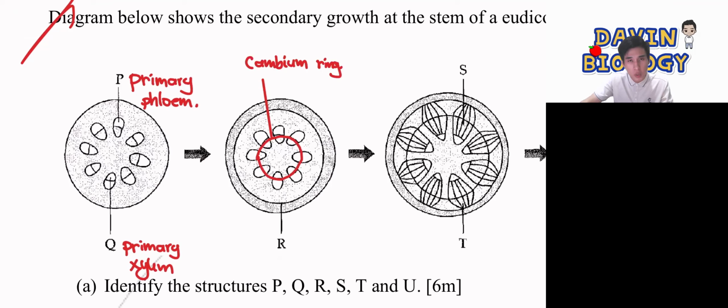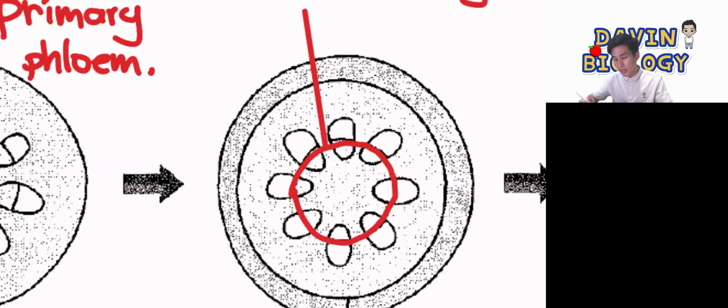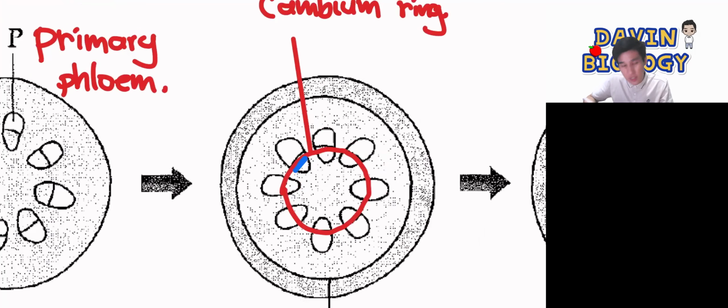Now this ring will then mitosis inwards and outwards, so you become thicker. Okay, so this is how it works. Basically, it will mitosis inwards and outwards. So you form 2 new tissues, one on the inside, one on the outside. So your primary xylem and phloem will be pushed further away.